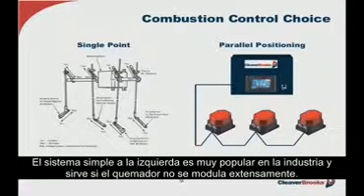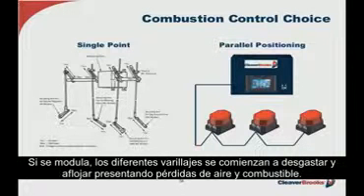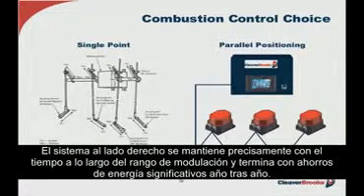Now, the single point system is used extensively throughout the industry and is fine if the burner doesn't modulate extensively. If it does modulate a lot, the ball joints and the various nuts, bolts, and rods tend to loosen. They tend to wear and stretch, causing deflection and slippage, which results in air and fuel drift from the original set points.